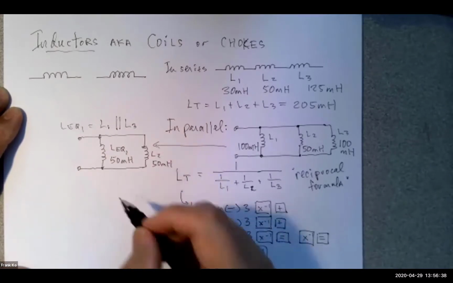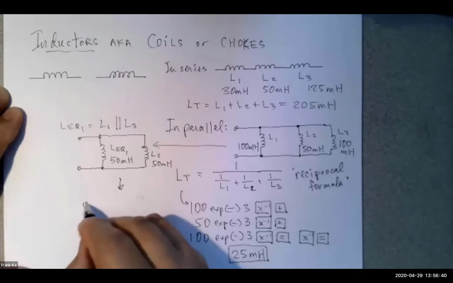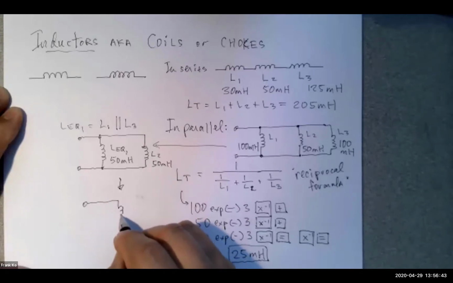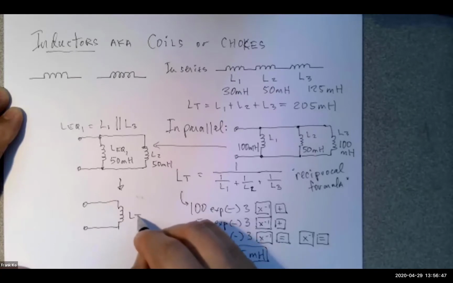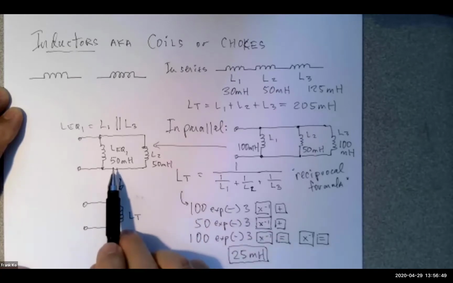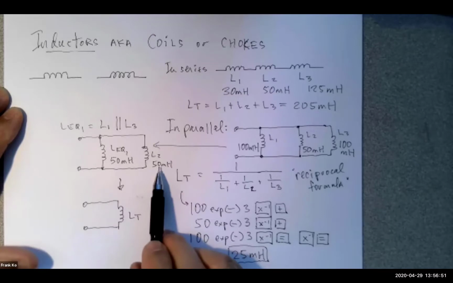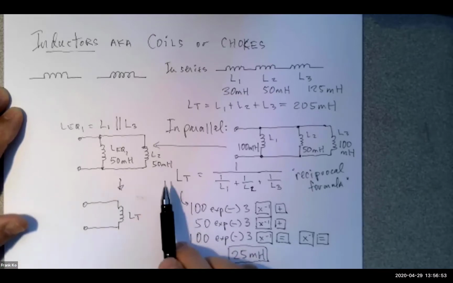Now, if you look at this one, can this be redrawn into a single coil? And the single coil will be identified as L total. And here I have 50 millihenries parallel to 50 millihenries. I can use the shortcut again.